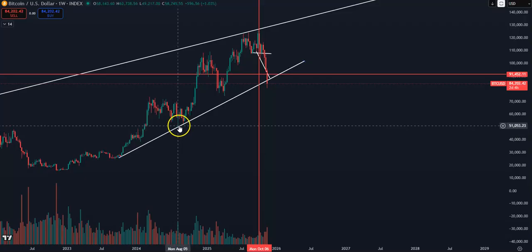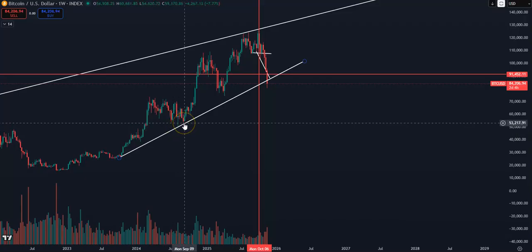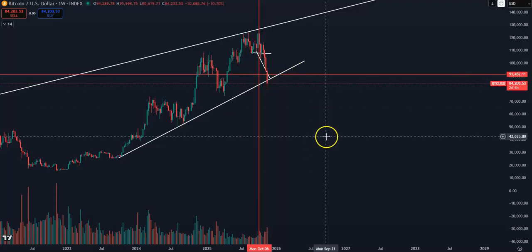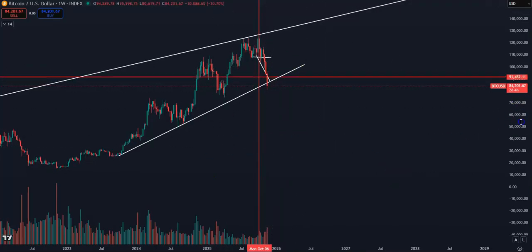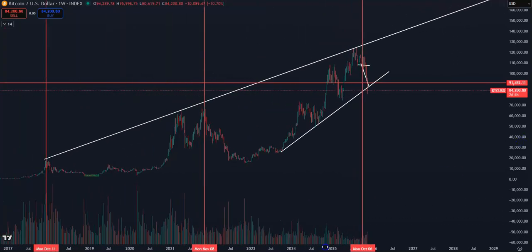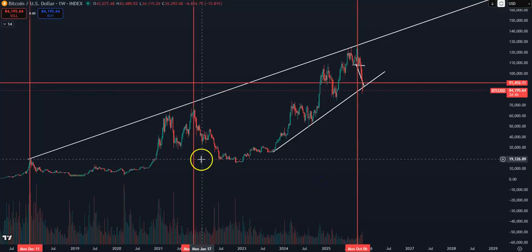Here's one touch point, here's the other touch point, here's the third touch point. So right now, if we can close above this, and this looks like around 89, maybe 88, 89, then we're still within this uptrend.